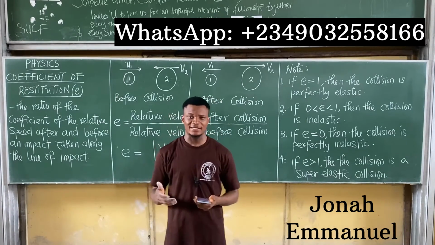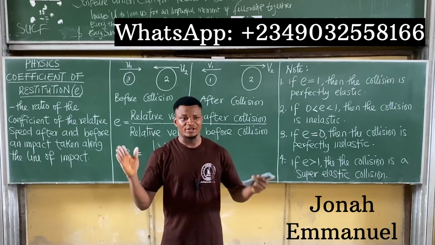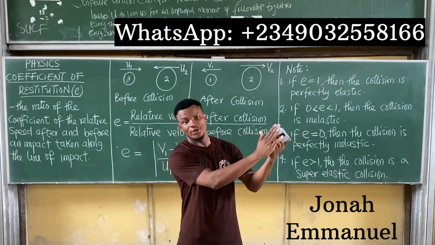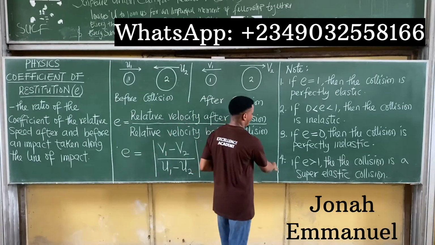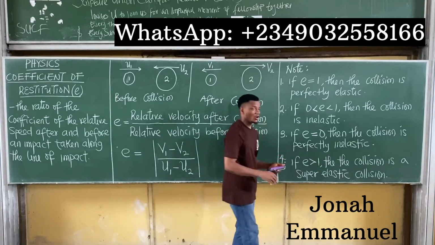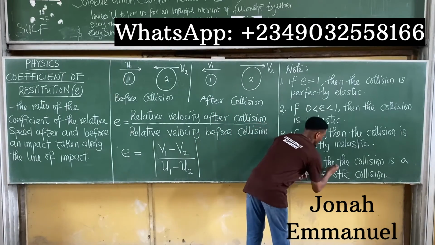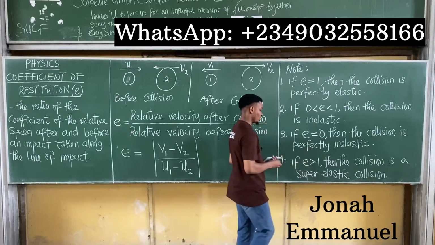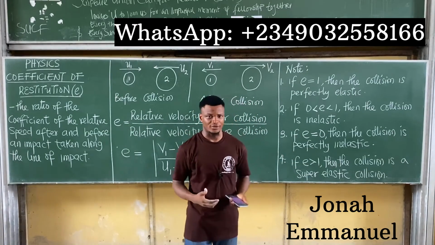A perfectly inelastic collision goes with the same concept of inelastic collision, where the two bodies combine and move with the same velocity. Now, finally, number 4, if the coefficient of restitution is greater than 1, then the collision is a superelastic collision.